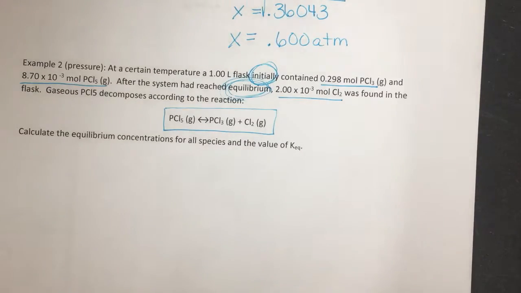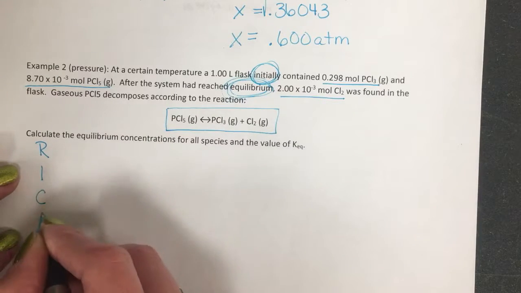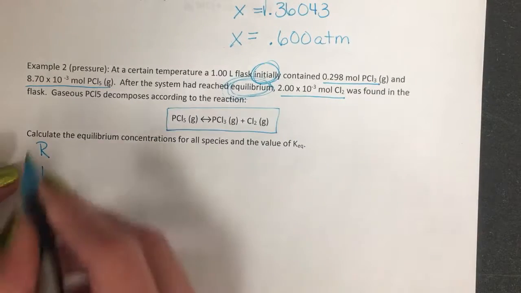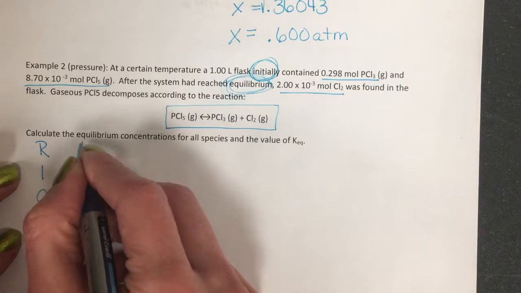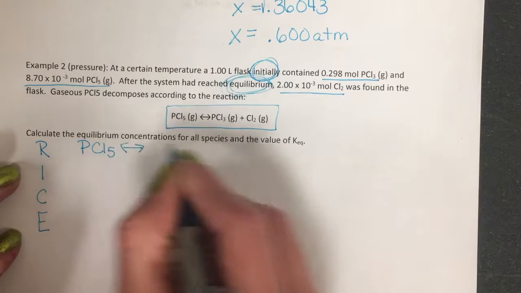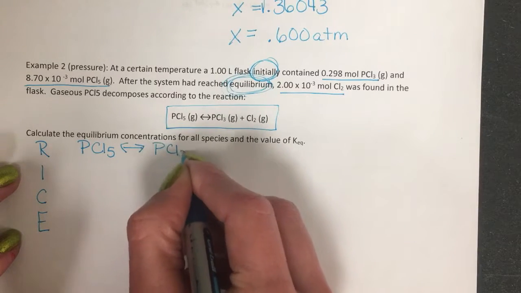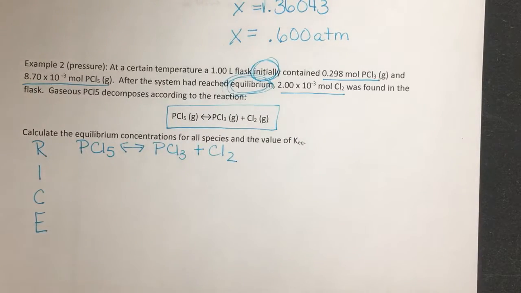Okay? So a RICE table, R-I-C-E. The R stands for my reaction. So I've got PCl5 changing into PCl3 plus Cl2.